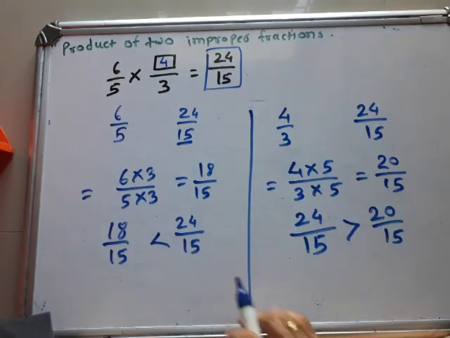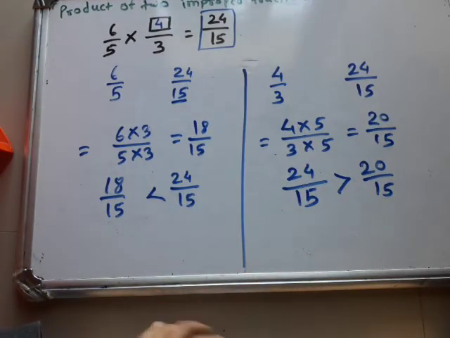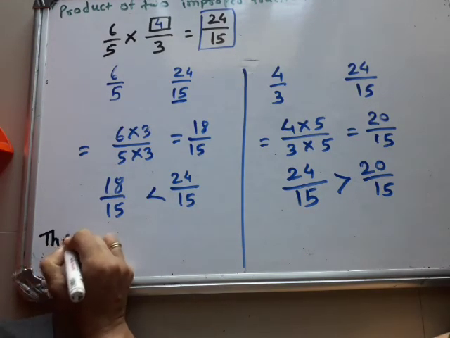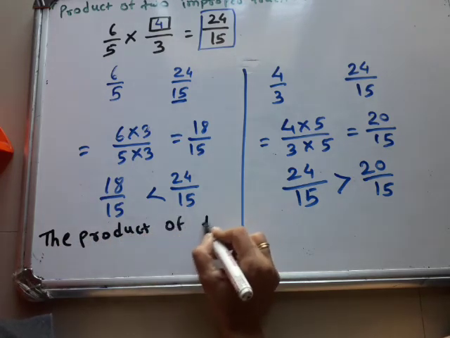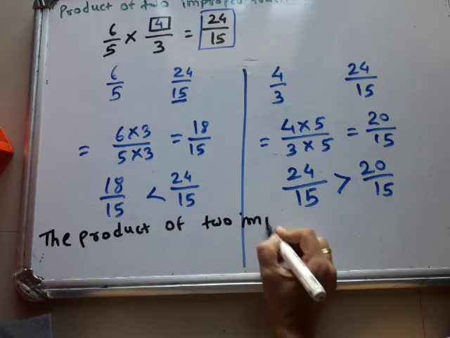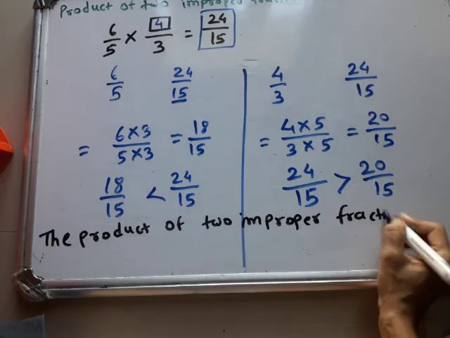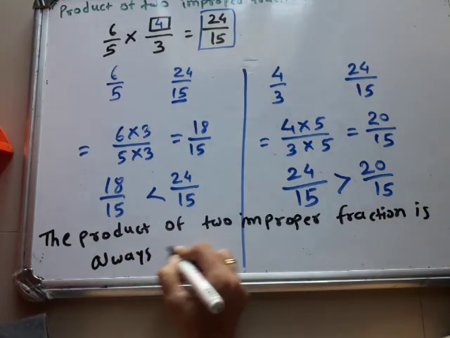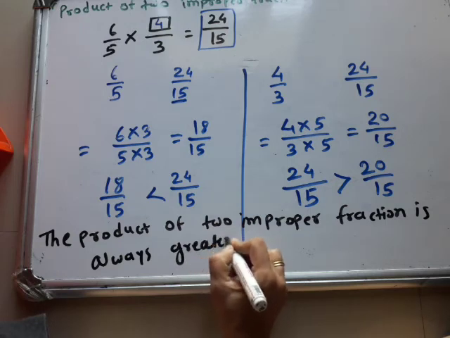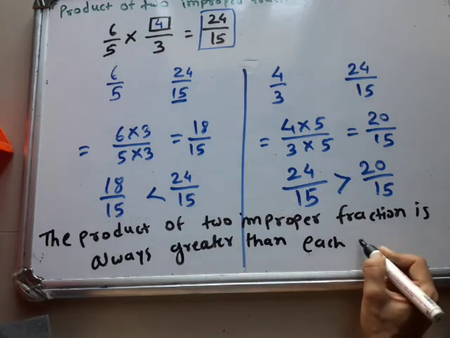Okay, so you have to write here: when the product of two improper fractions is always greater than each of the fractions.